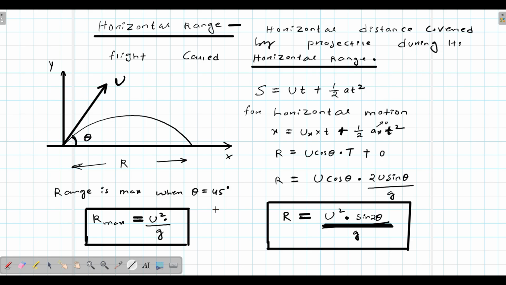Time of flight, next is horizontal range, next is height of rise.